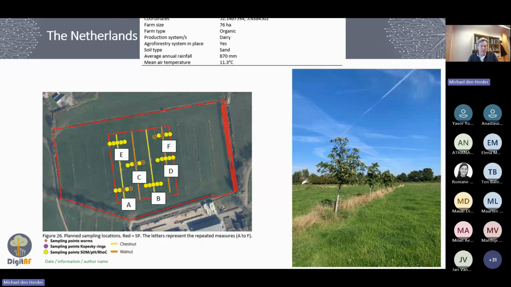In the Netherlands, they also had an alley cropping system with dairy production. That was with chestnut and walnut.